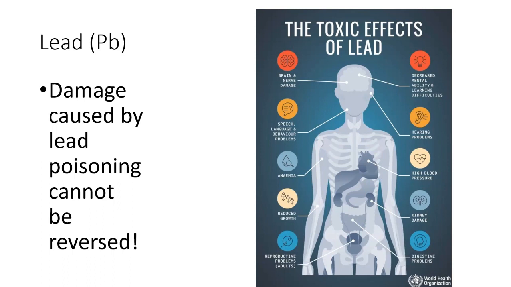So if and when you decide to have kids, one of the first things that they do early on in life is do a blood test for lead. And that's to make sure that you're not living in an environment where your kid might be exposed to that. Older homes might have paint that had lead in it. Now, enough change has happened over time that you probably won't ever live in one of those homes.